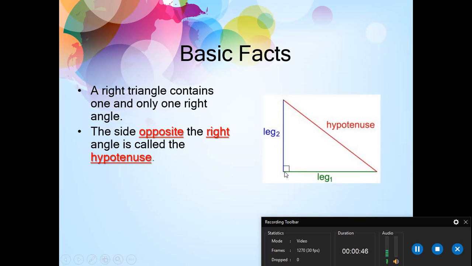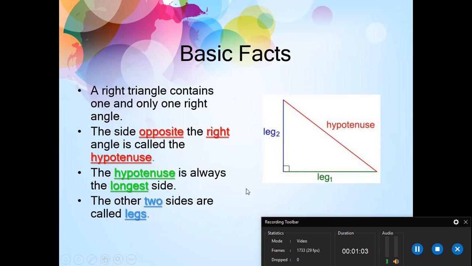Because the right angle is the biggest angle, it's going to be across from the hypotenuse. And we know that the hypotenuse is always the largest side. The other two sides we refer to as legs. So in the diagram, they're calling them leg 1 and leg 2.